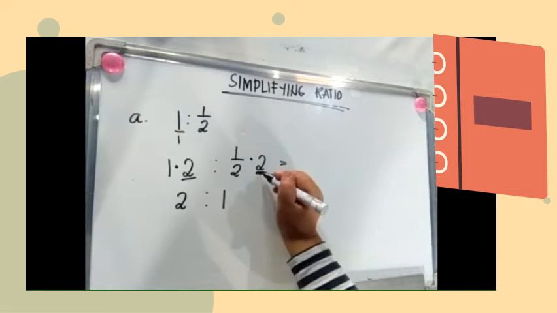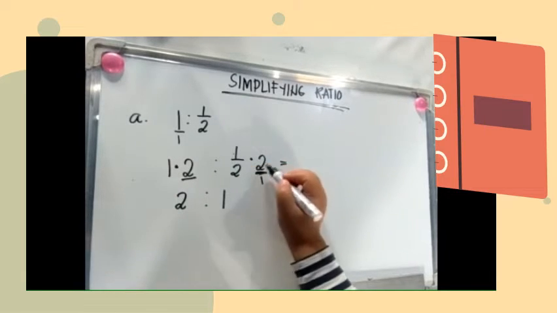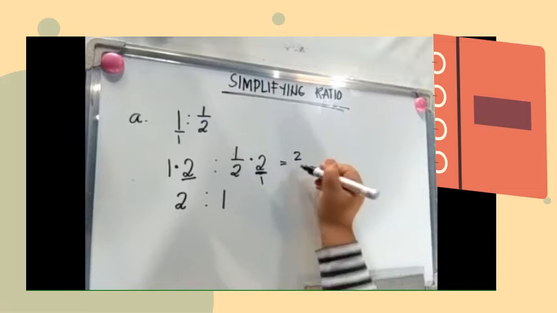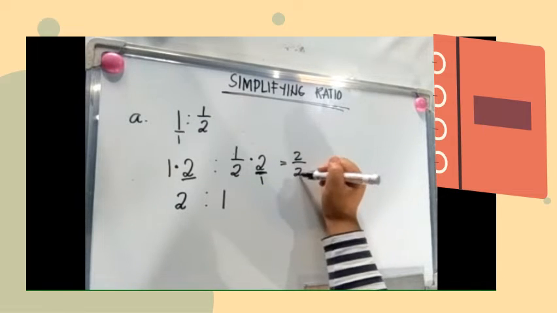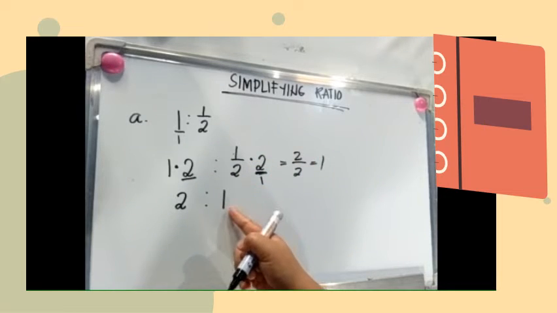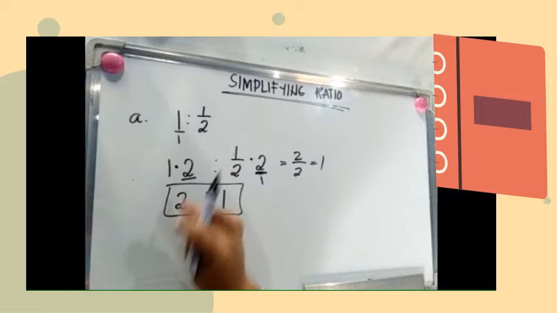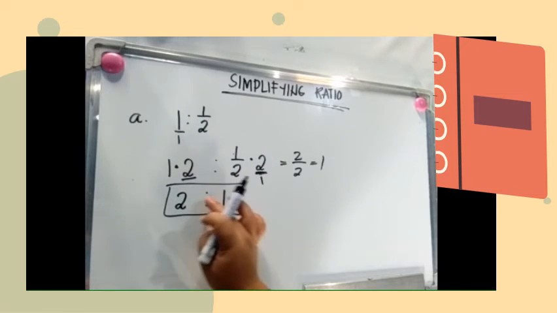Kay 1/2 times 2, diba si 2 understood nga naay denominator nga 1? 1 times 2, we have 2. 2 times 1, we have over 2. So, 2 divided by 2, we have 1. So, 1/2 times 2 is equal to 1. Okay? Unsay tawag nato ani, 1 is to 1/2 and 2 is to 1?